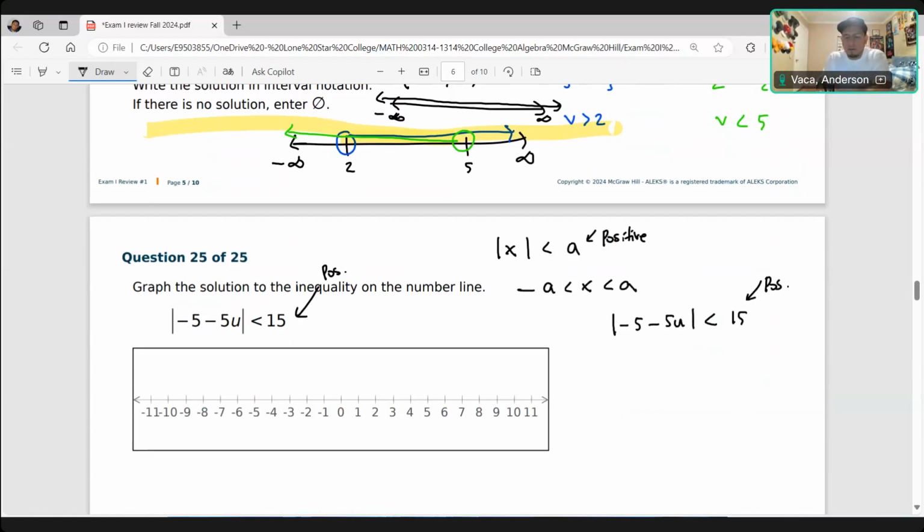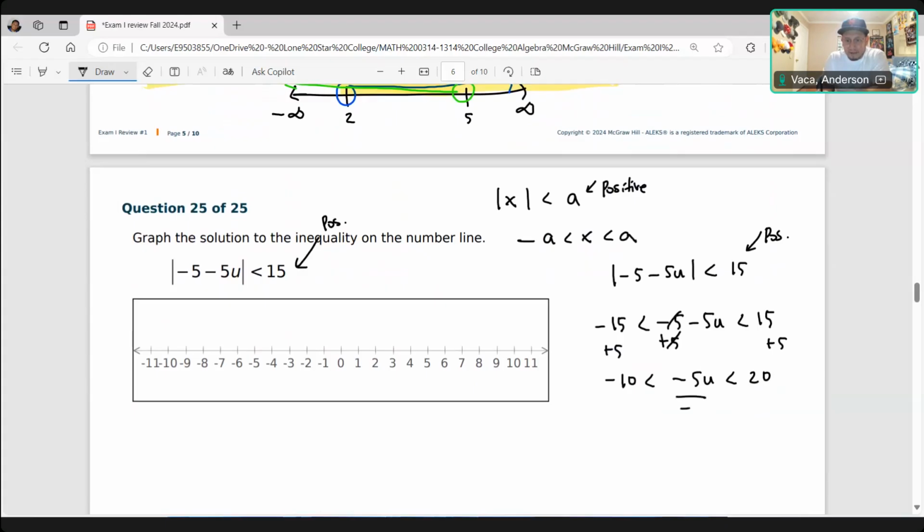Okay, now do it. Okay, I got you. Negative 15 less than this, that expression, less than the positive number. To solve this inequality, we work from the inside out. Again, our goal is to isolate the variable, so we get negative 10 less than, this goes away, negative 5u, and this becomes 20.